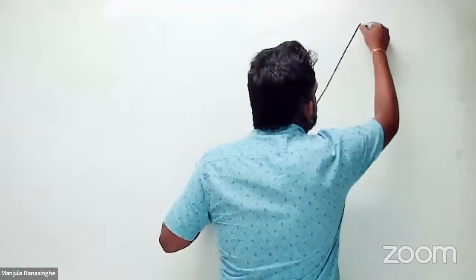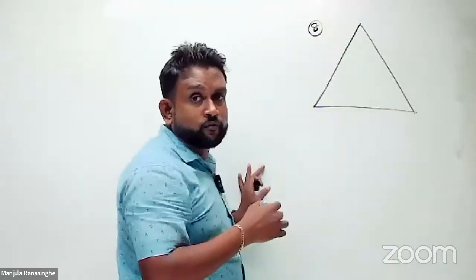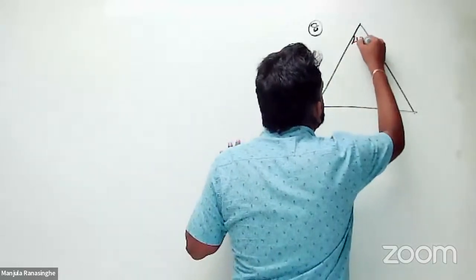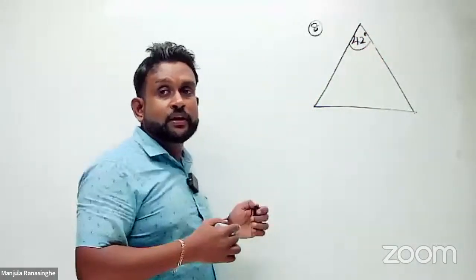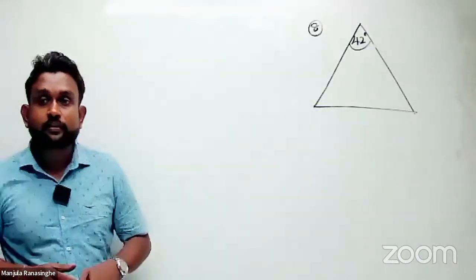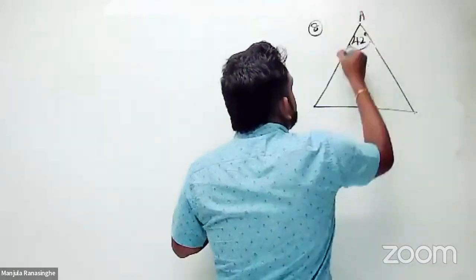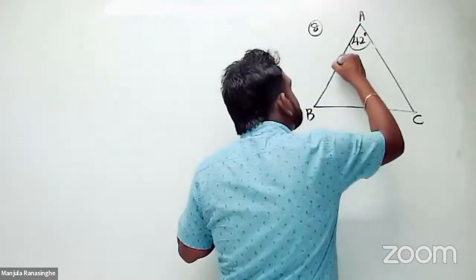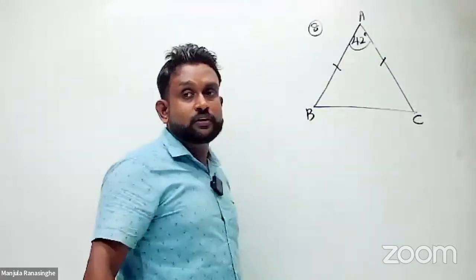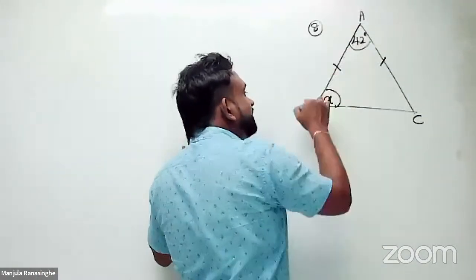Okay, so this is the triangle we have, and here 42 degrees is given. Then what they're asking: in the triangle ABC, AB equals AC. So AB equals AC means this side equals this side. They're asking to find the angle ABC. You write angle ABC as x.